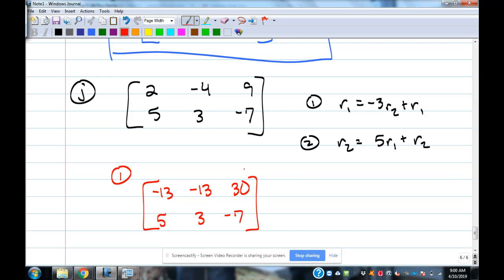So after row operation number 1, this is my matrix. Shouldn't that be? -3 times -7 is positive 21, plus 9 is 30.